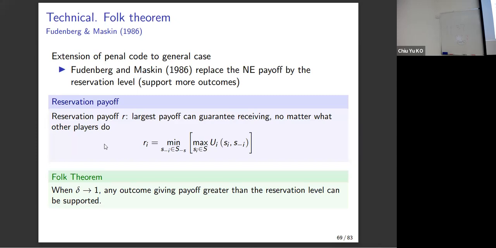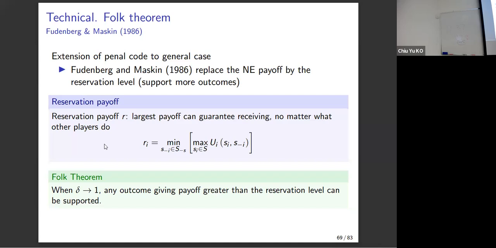What we call the reservation payoff, the min-max outcome. What is min-max? It's when other people, the whole world, are against you. Everyone tries to do harm to you, tries to minimize your payoff. And I can do whatever, right, against this. They minimize me, I maximize it.